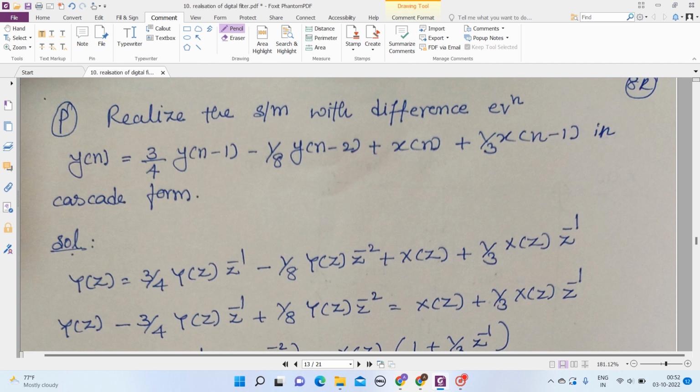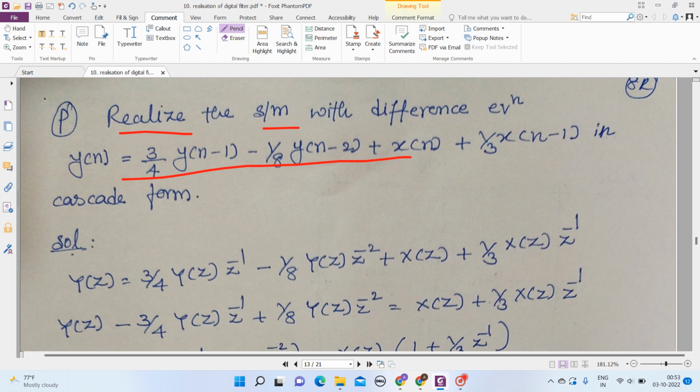See here, realize this is the problem. They might ask it for 6 marks or 8 marks: realize the system with the difference equation. Just by seeing this equation, you come to know this is a discrete time system. If it were continuous, the equation would be a differential equation.